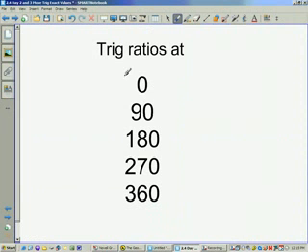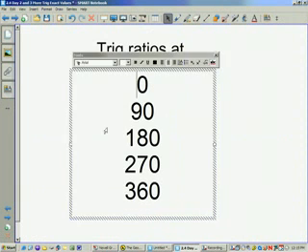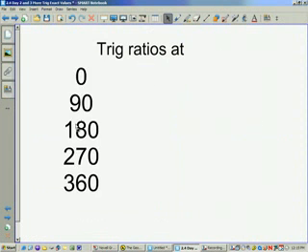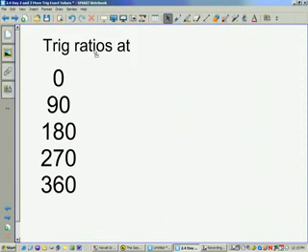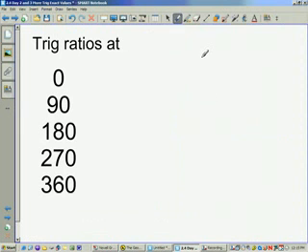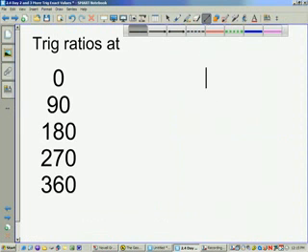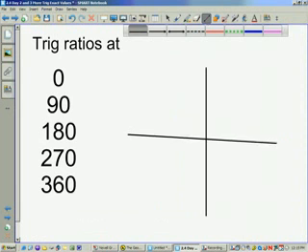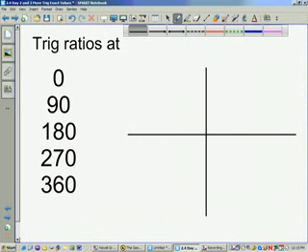Let's move this over. Over here we have opposite, adjacent, and hypotenuse.